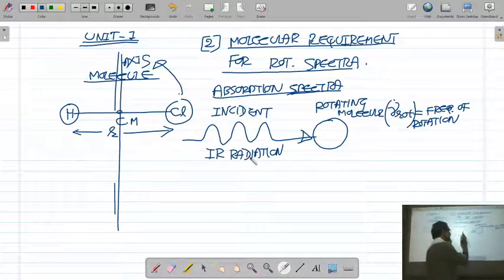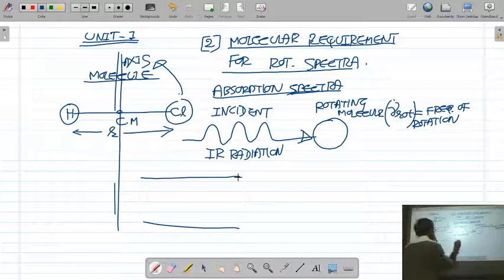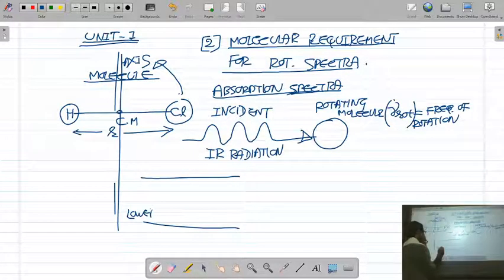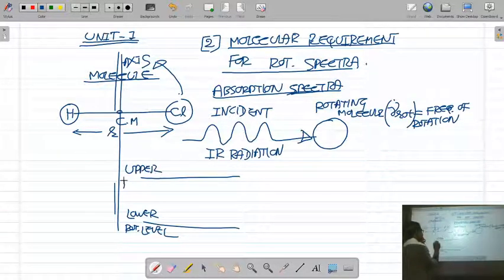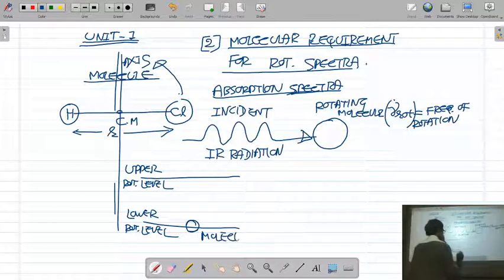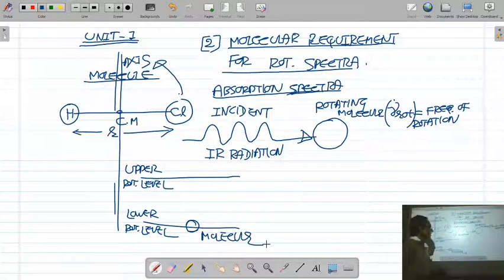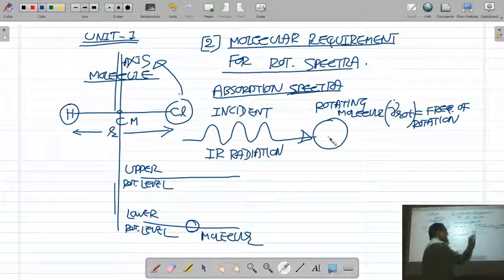The molecule will absorb the radiation, and its rotational energy will increase.